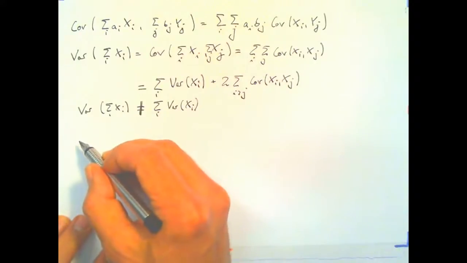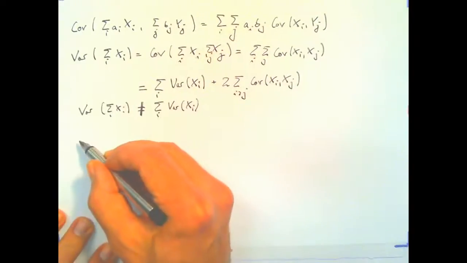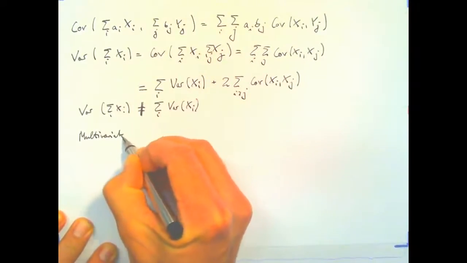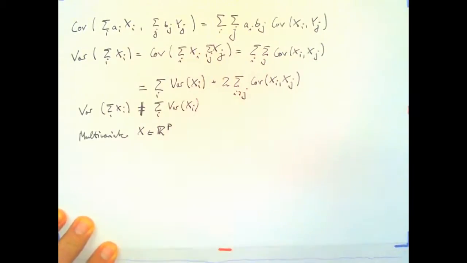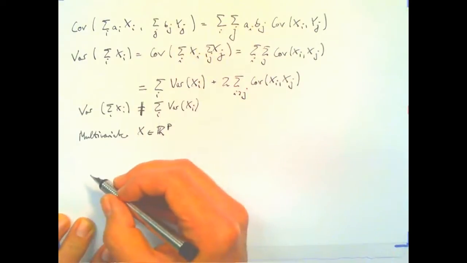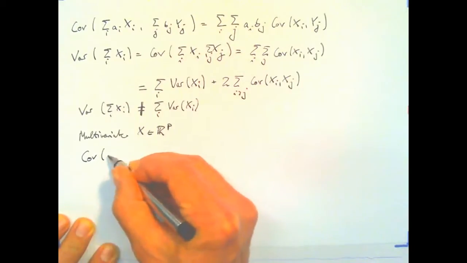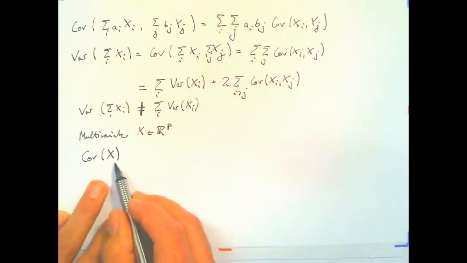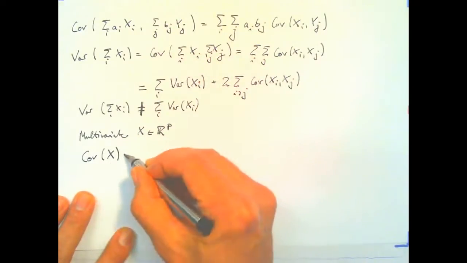Now, if you have multivariate random variables, you can use matrix notation. So let's say we are looking at a random variable which lives in a p-dimensional space. And in this case, if I write the covariance of this random vector, what I mean is the following.